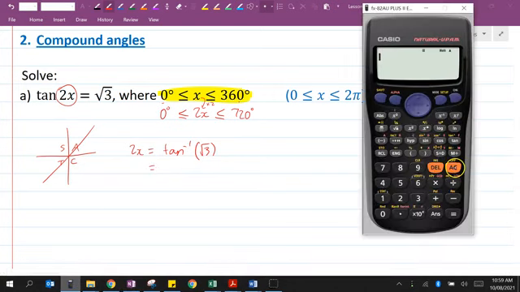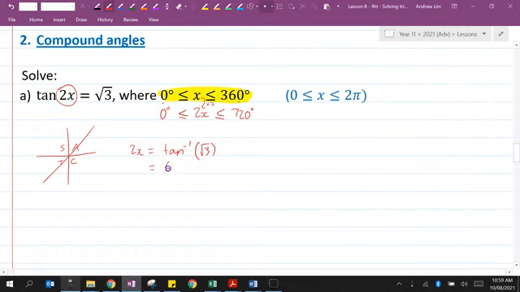Let's put that in our calculator. That's 60 degrees. So I know that's 60 degrees, and I know this is 60 degrees. So it's not just 60, it's also 180 plus 60, which is 240 degrees.